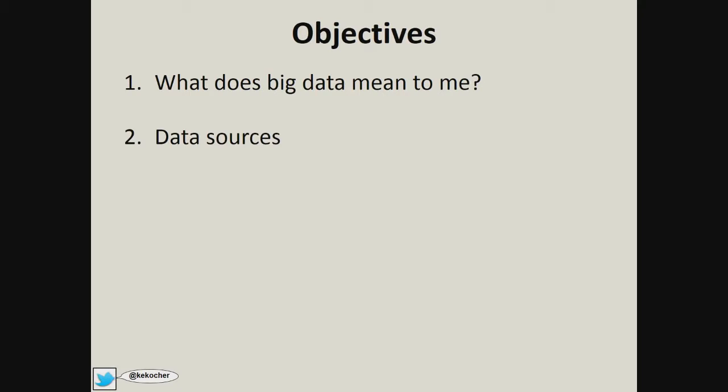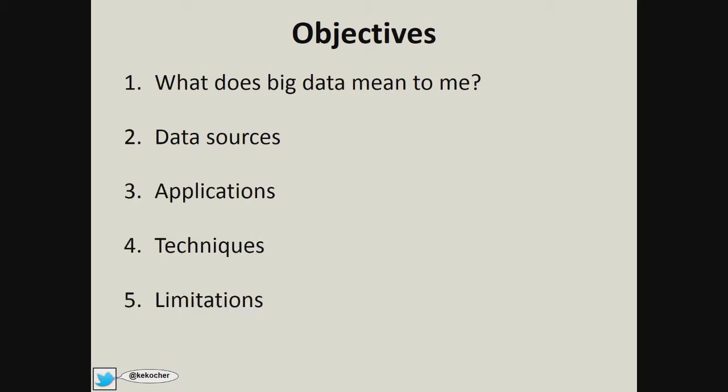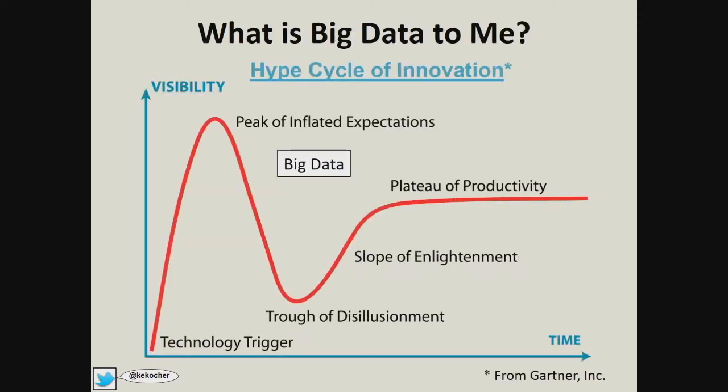So I'm going to be talking about what big data means to me, but also sources, applications, techniques, and I think you always have to come at this with an understanding of the limitations as well. I don't know if anybody's seen this curve before. I thought it's interesting to think about where big data sits on it. You can find it in different places on Google search; it's from some consulting company.